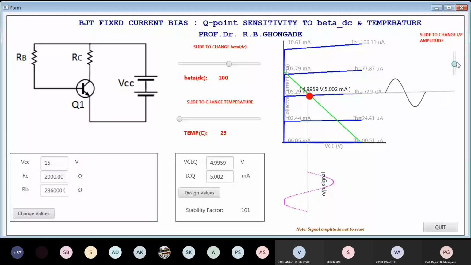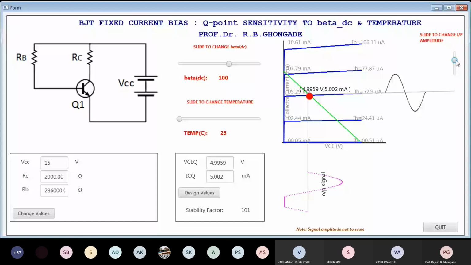But as soon as the signal level increases, look at this part. The signal is getting chopped off. The output is getting chopped off, meaning that you are going to have distortion over here. Are you able to understand this? Yes, sir.